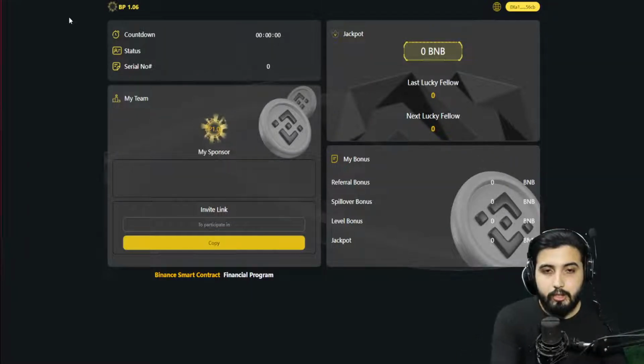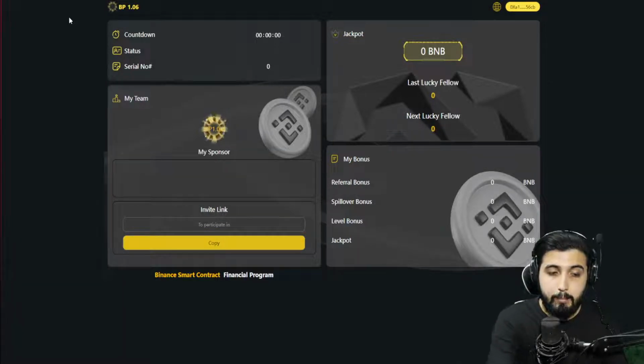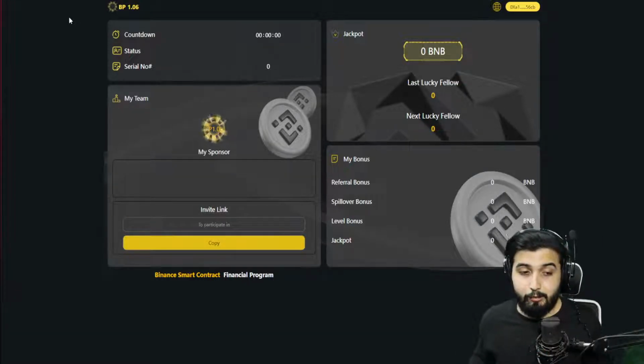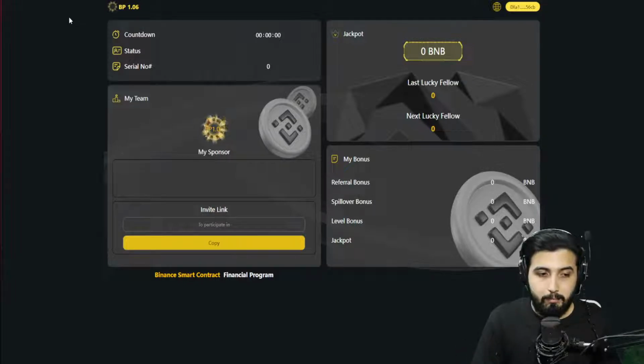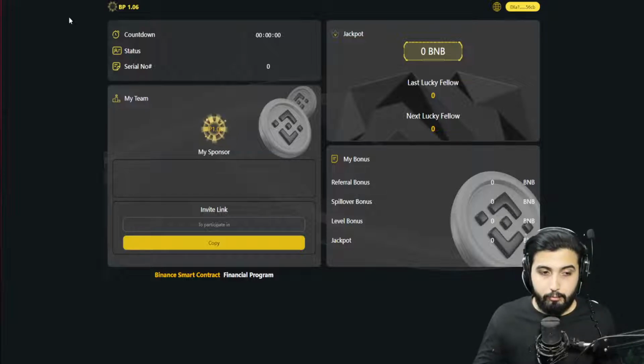Every new person that comes in, when they deposit, it benefits the person that referred them. So they take this job for themselves personally to promote this website, because the more people that come into this, the more there is in the jackpot. The more there is, the more you refer, the more you get from there.